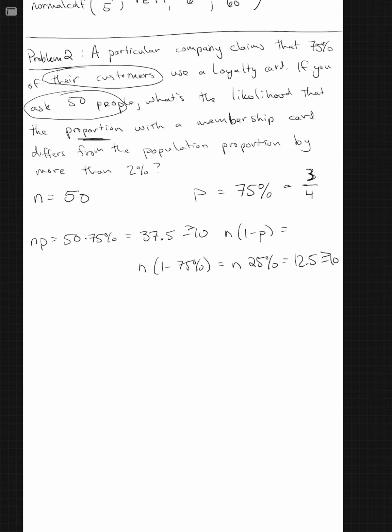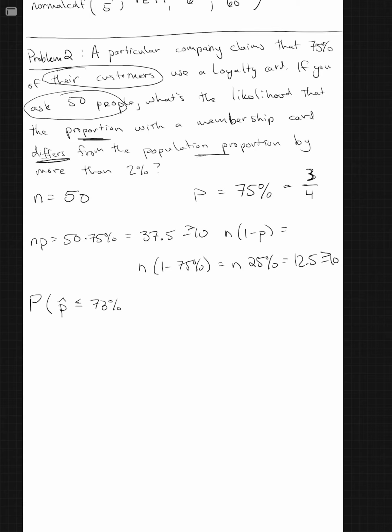So we can, in fact, do probability problems, which is great. Right? So the question that this is asking is, we want the probability that the sample proportion differs from the population proportion by more than 2%. Right? So if it's less than the population proportion, we want it to be less than 73%.